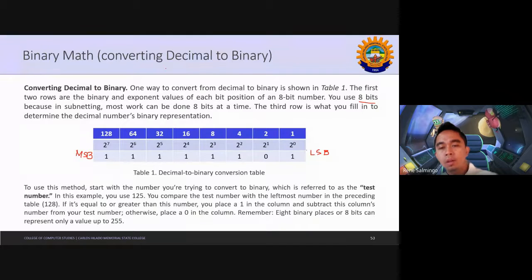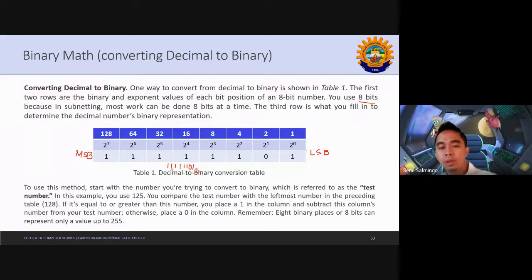What would be the result in binary? So in the binary, now we have 1, 1, 1, 1, 1, 1, 0, 1. So what is the decimal value if you have this binary value?